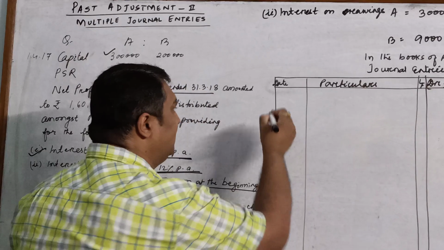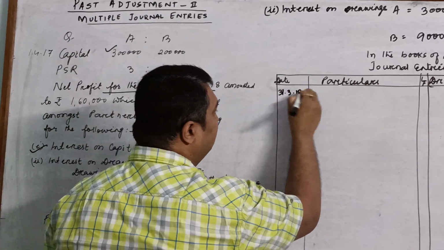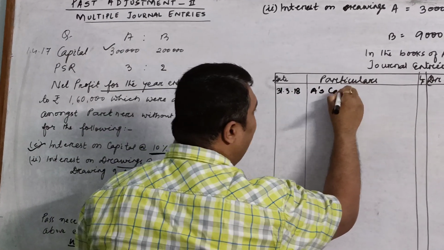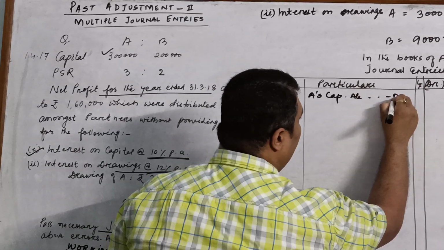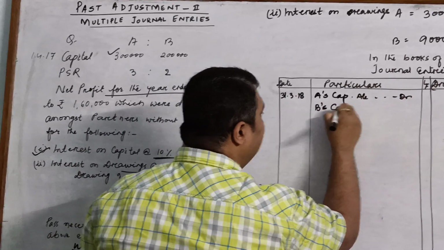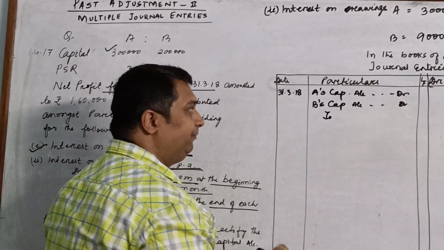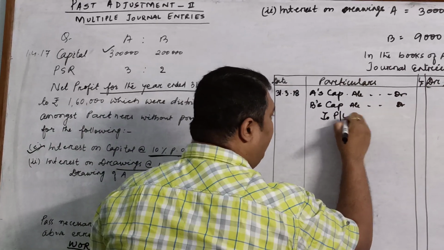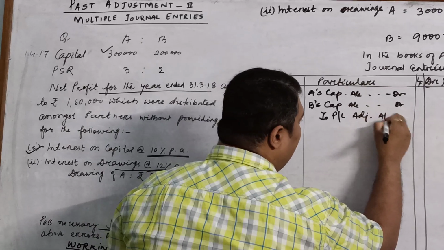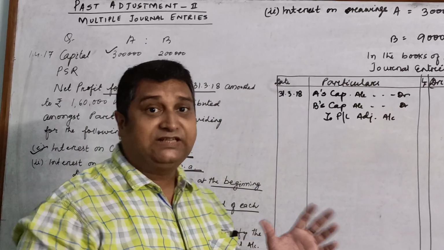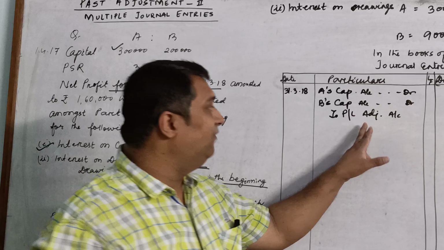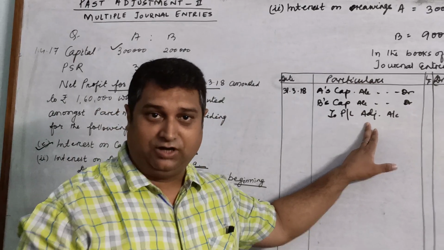So the name of the partners on 31st March 2018, you will pass the entry: A's capital account debited, B's capital account debited to profit and loss adjustment account. Children, in this type of multiple journal entries, we will not be using the PL appropriation account.